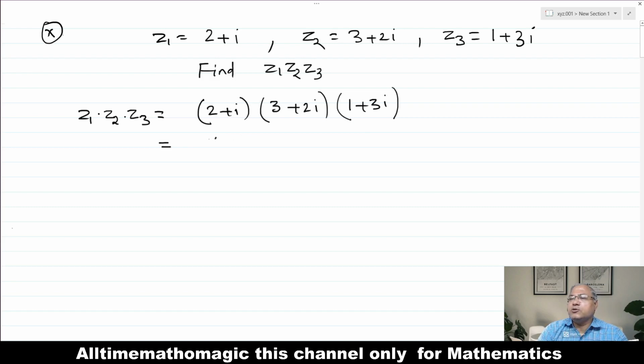So 2 into 3 is 6, and here I am directly multiplying: then 4i plus 3i and plus 2i square.